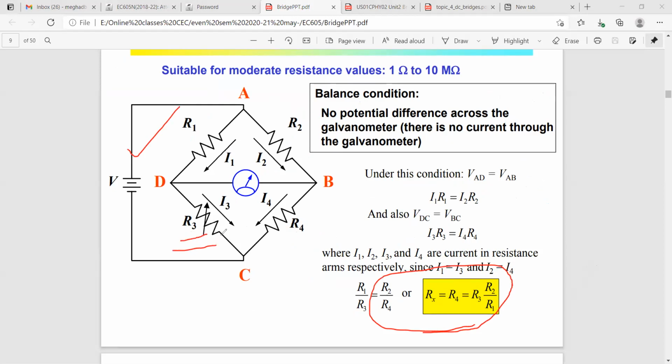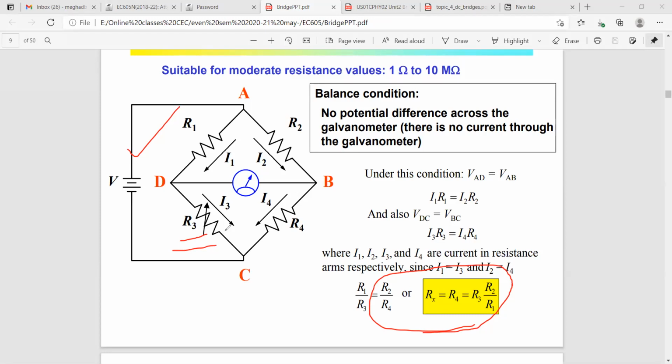One thing always keep in your mind: resistances in the same arm never work together, they always act diagonally. In this particular slide, R3 is a variable resistance because the arrow is with R3.